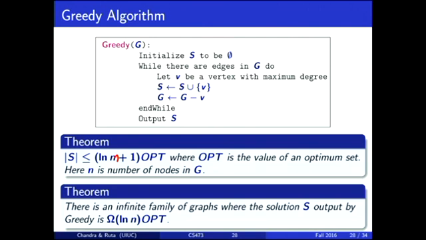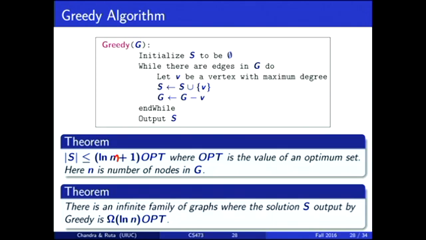There is an infinite family of instances where this is really more or less the right answer. That means there are instances where, as the graph is becoming bigger, the size of what the greedy algorithm is outputting is also growing in this fashion. So more or less our analysis is tight.